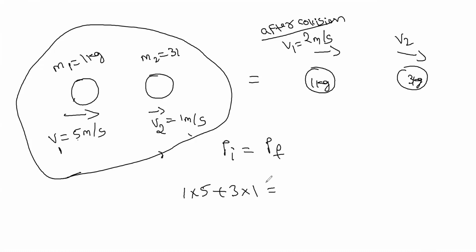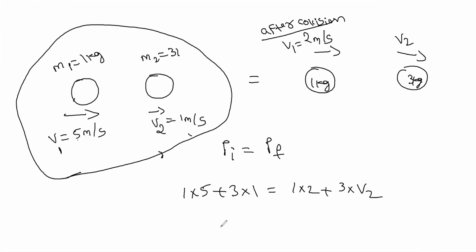Now P final. So it's 1 into 2 plus... So is it 3 meters per second?